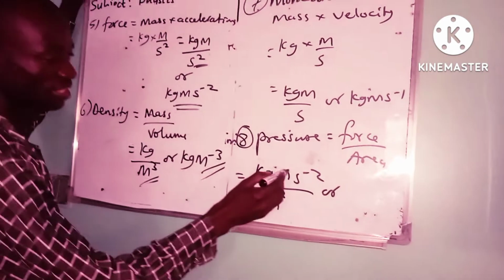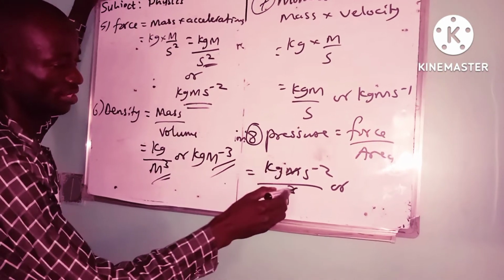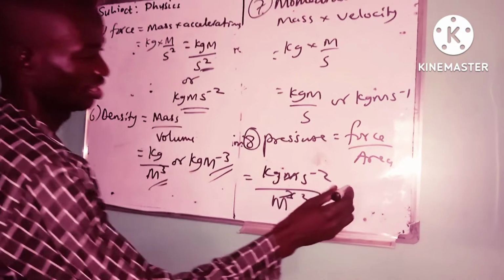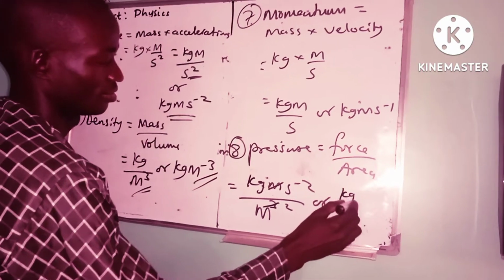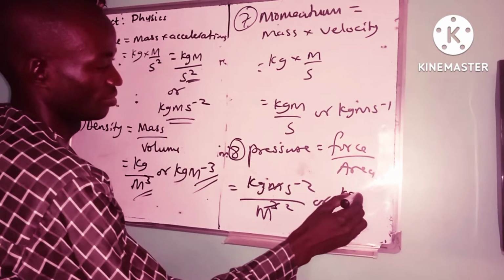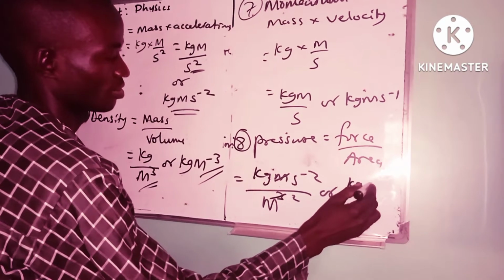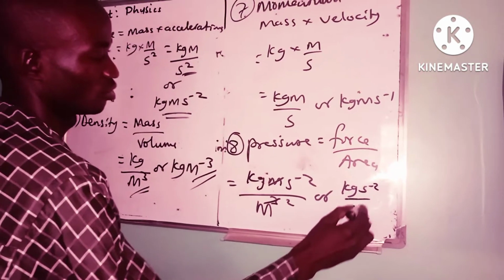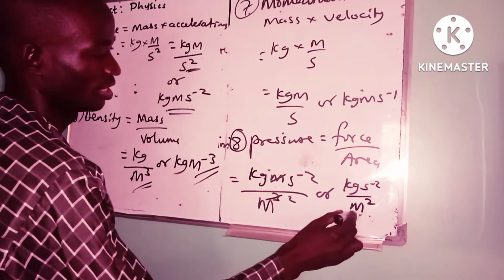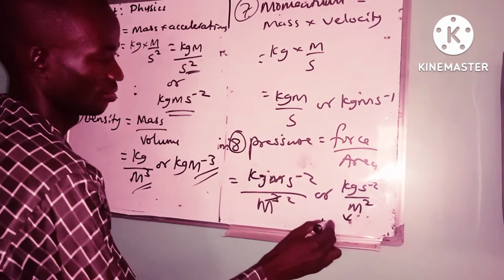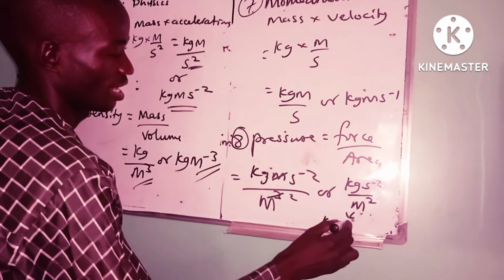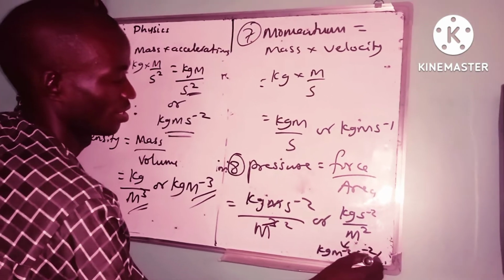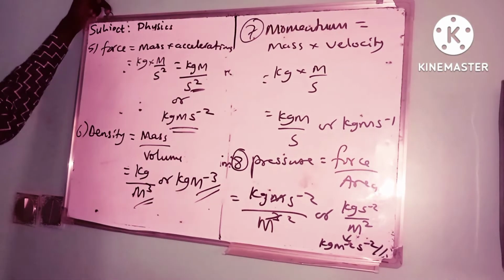Looking at this now, this can be reduced, so we have kilogram per meter times second squared. This is the unit.